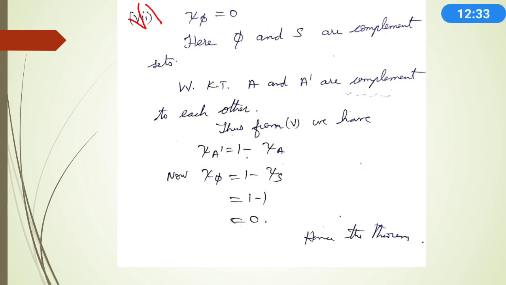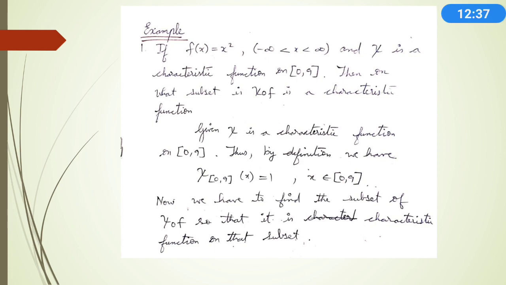So next we'll see 2 examples. The first example statement is this: if f of x is equal to x square and this x is valid in the whole real line, minus infinity to plus infinity, and psi is a characteristic function which is defined on the closed interval 0, 9. I hope you remember I have explained the closed interval part.